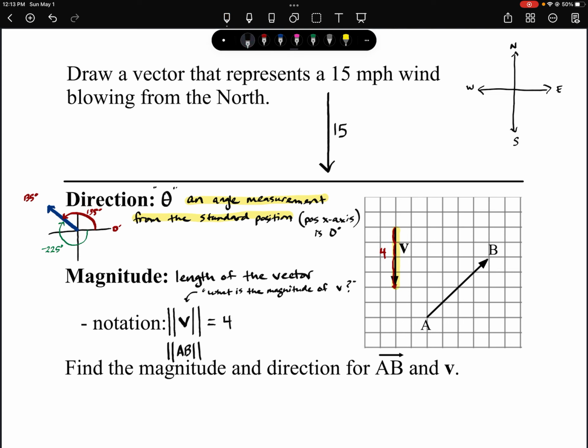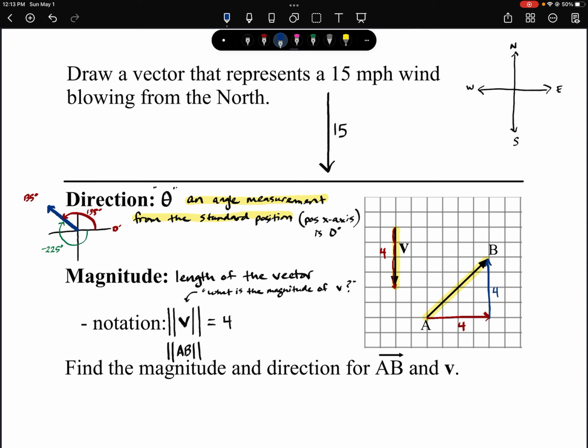It's just that distance. Now with AB, it might be a little different, because we can't just count as we go along our vector AB. So what we're going to do is take into consideration our horizontal component, which went this way 4 units. And now it's going to travel up 4 units.